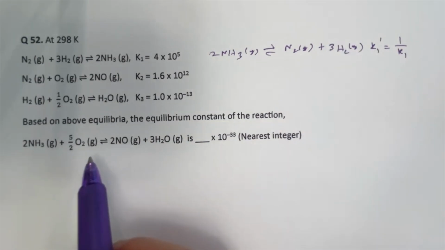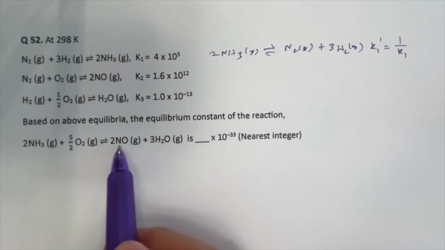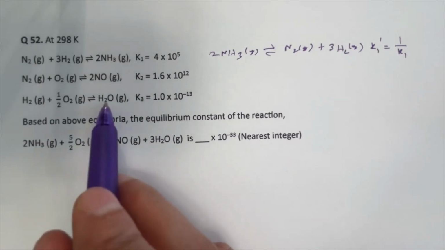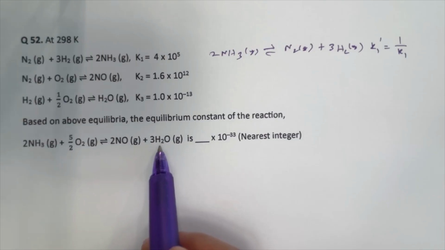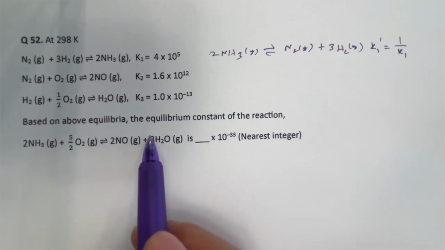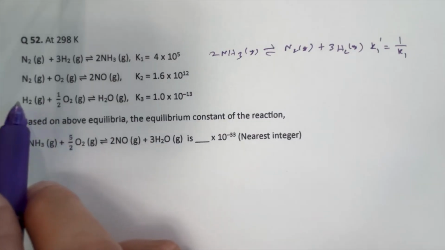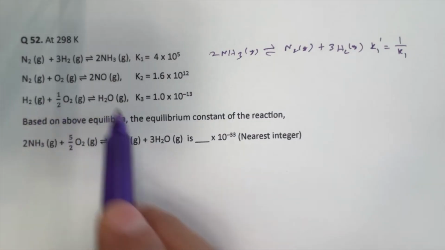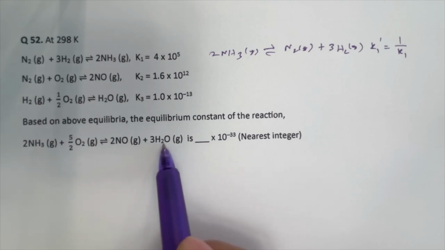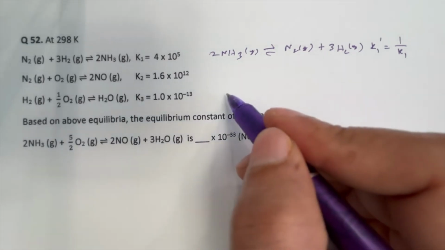And then we do see NO on the product side and water on the product side. However, here we have 3 as the stoichiometric coefficient. Therefore, this entire thing if we multiply by 3, then we can get 3 times water. So let's do that.